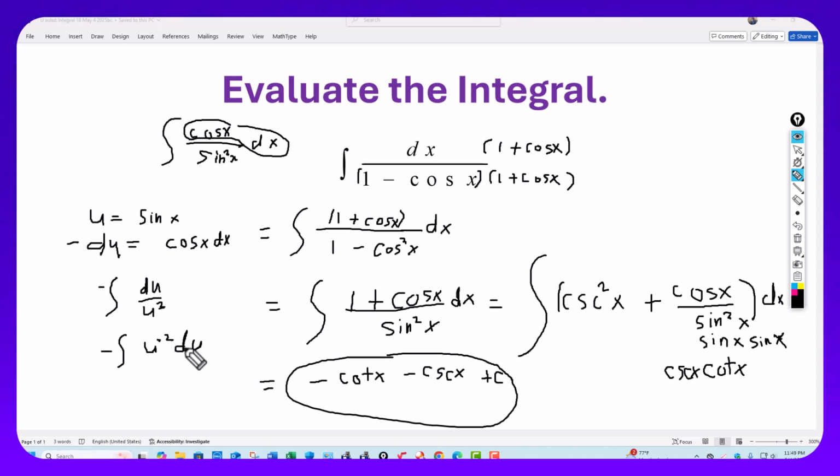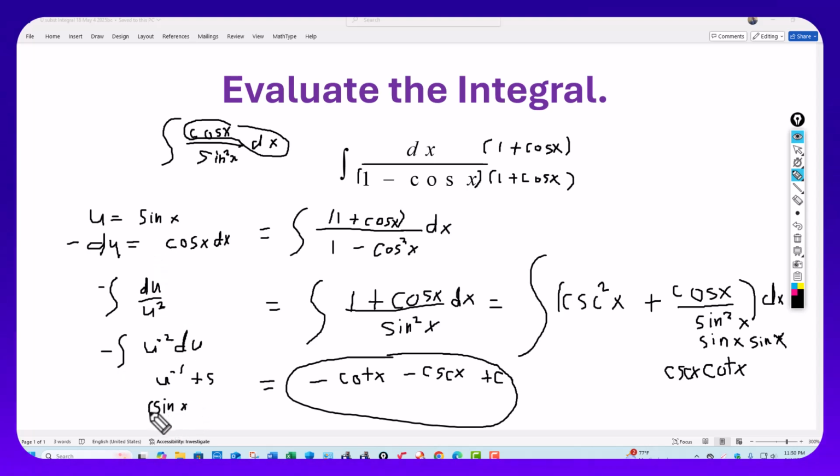Now it's a very basic monomial in terms of u. So add 1 to that power. That's a negative 1. Divide the coefficient by a negative 1. And I get the constant of integration. And remember, u is sine of x. So this is the same thing as sine of x to the negative 1, replacing the u by the original expression.